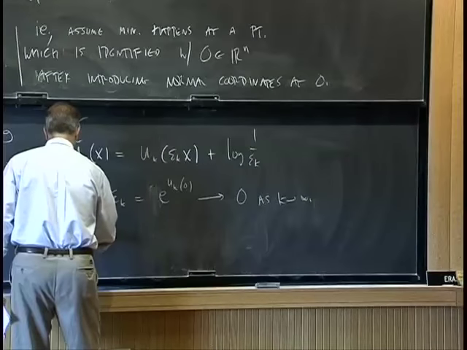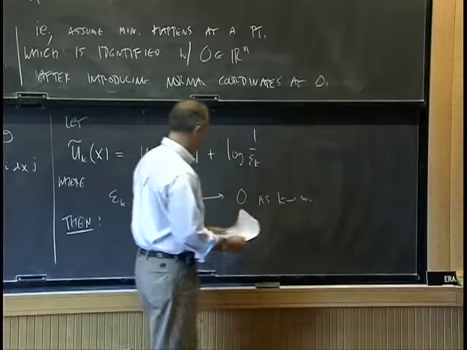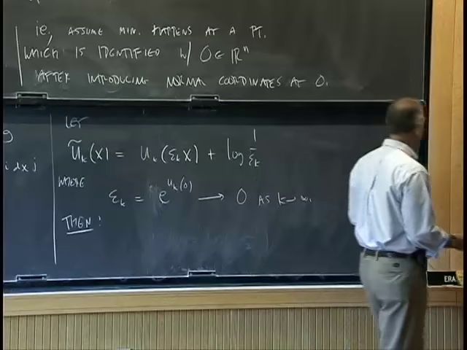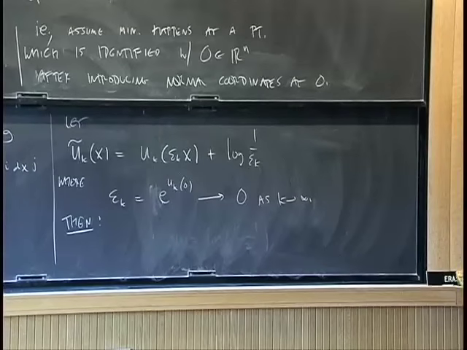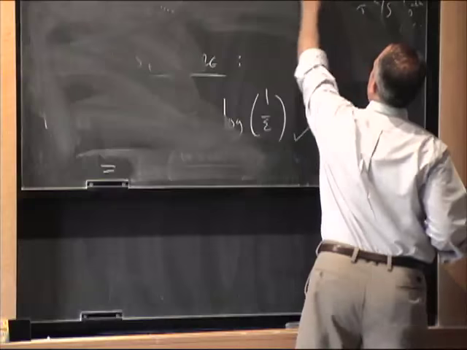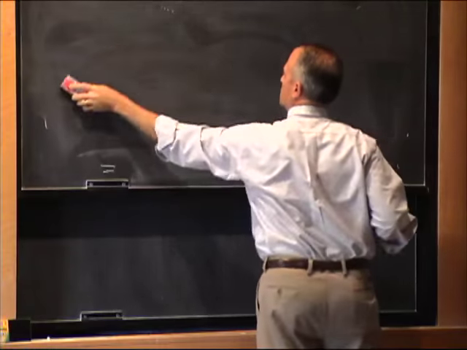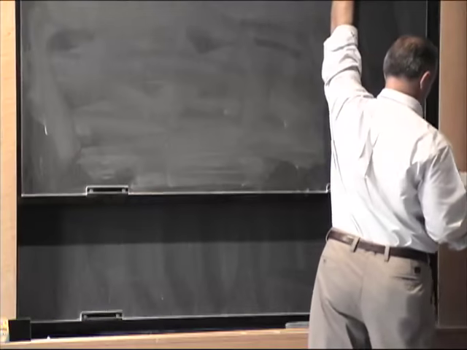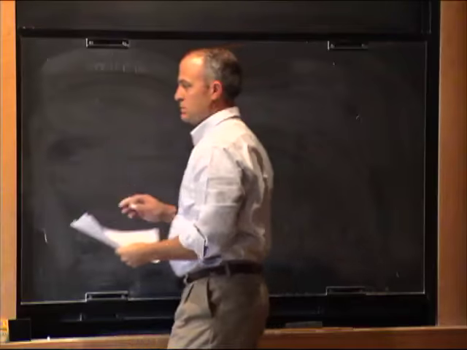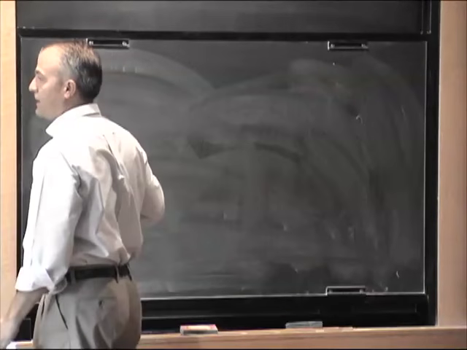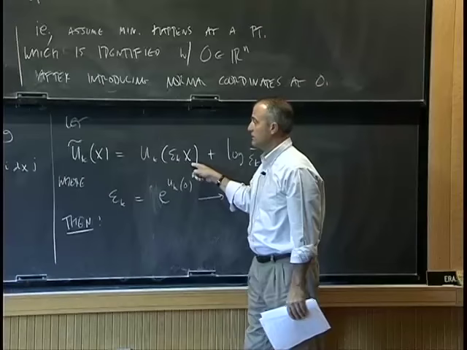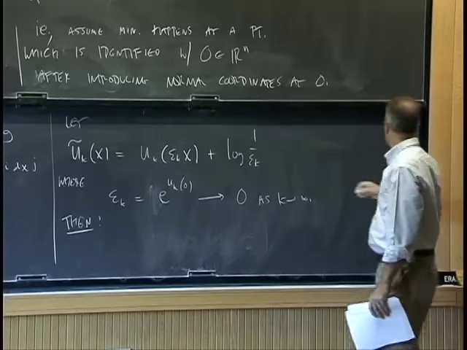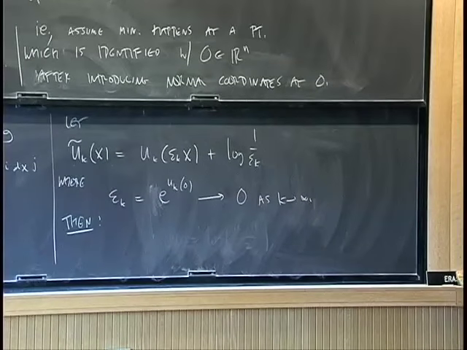So let's write down what we know about this new sequence, UK tilde. The first fact is that UK is just defined on the unit ball here, but UK tilde, because of this dilation factor, is defined on the ball of radius 1 over epsilon k.